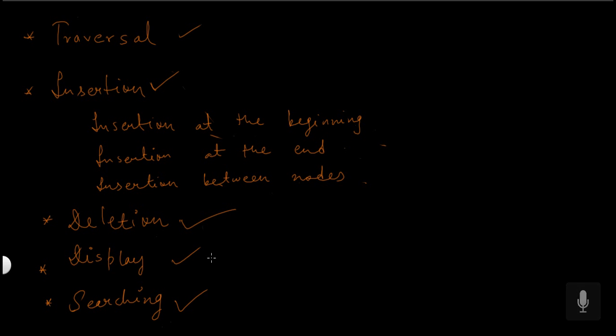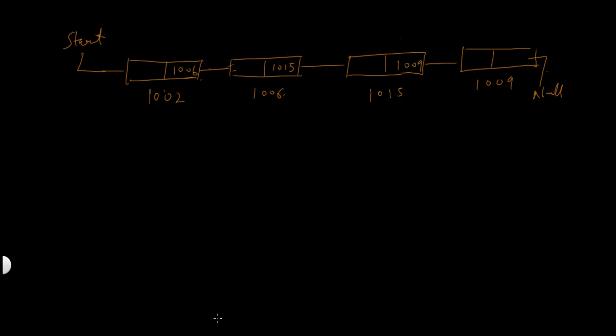Now deletion means to delete any node from a linked list, and a node can be deleted from the beginning of the list, from the end of the list, and from anywhere in between a linked list. Now let's say I delete a node from the beginning of the list. I delete this first node. Now if I delete the first node, then the second node will become the first node in the list.